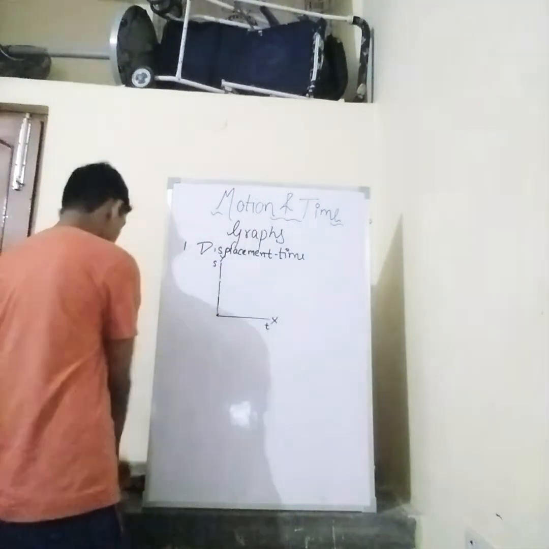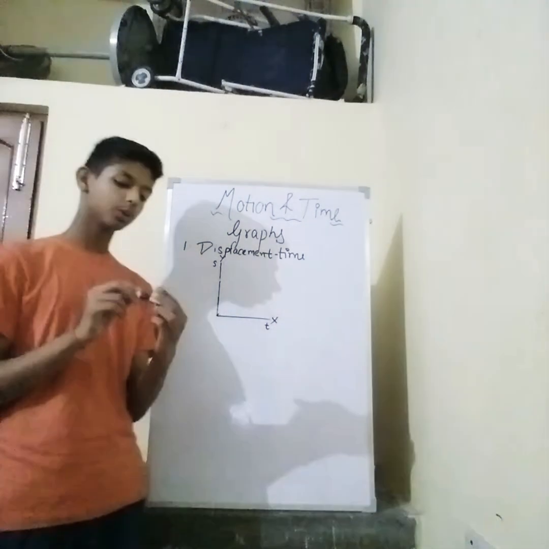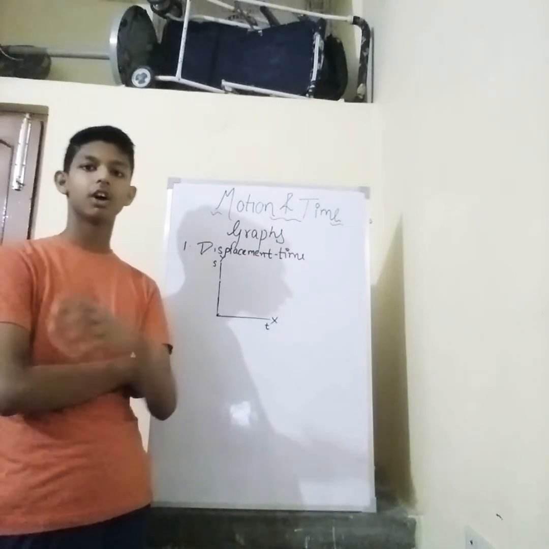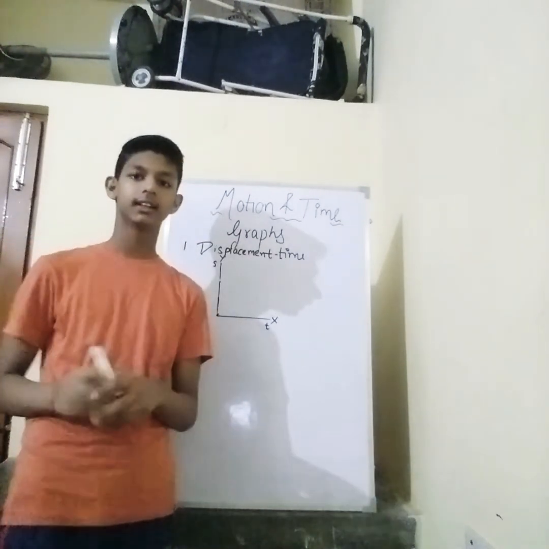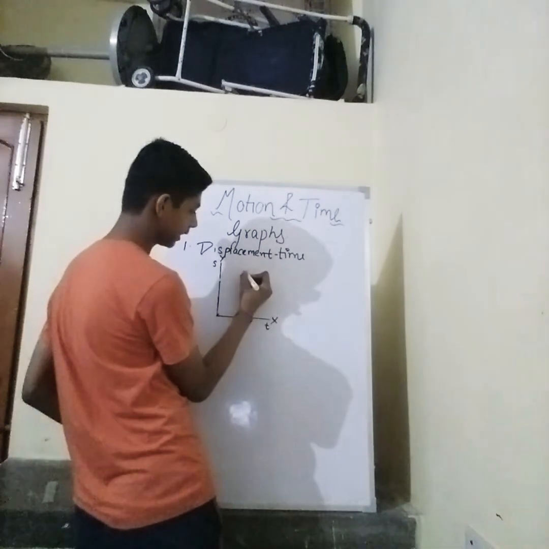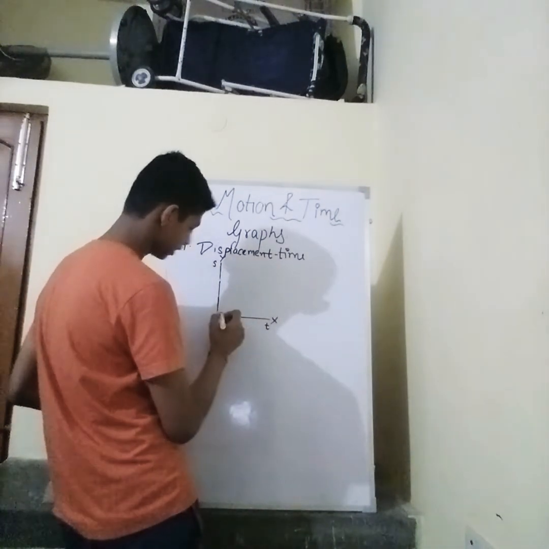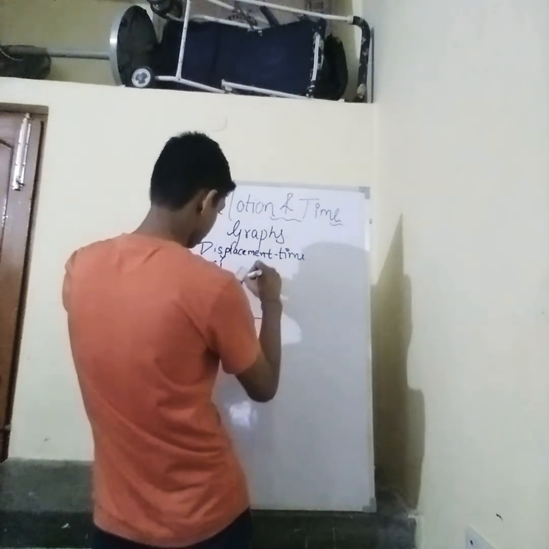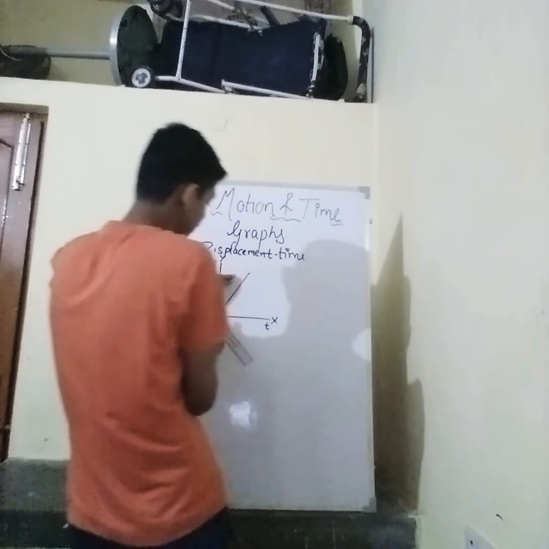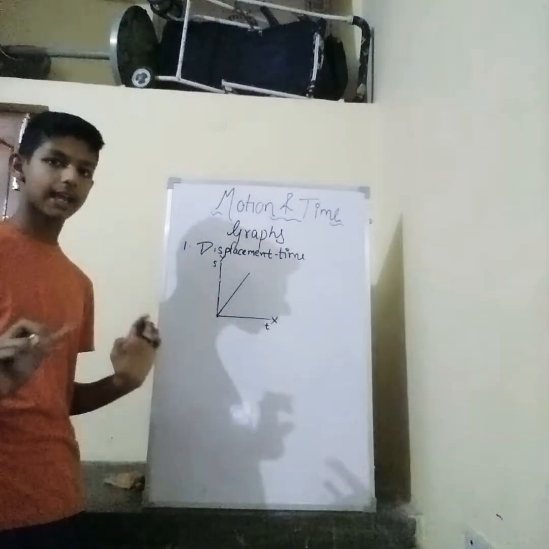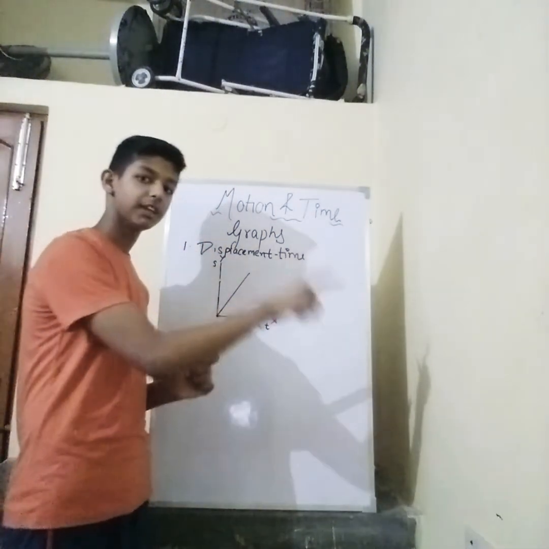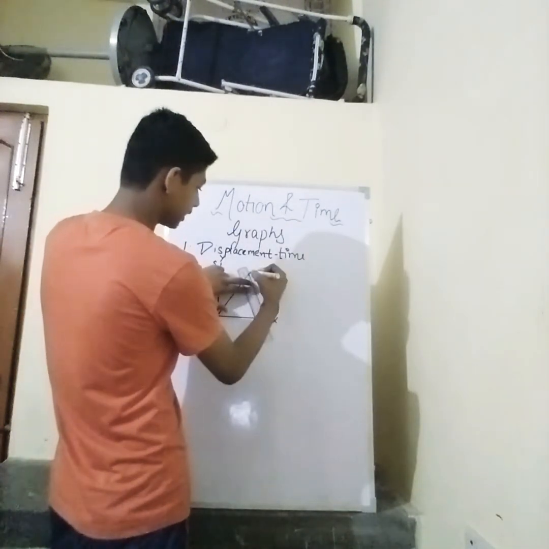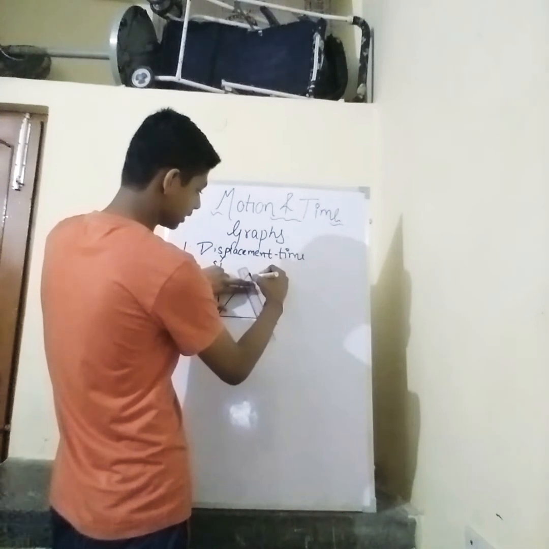Suppose you go every morning for a morning walk of 2 kilometers. You go 2 kilometers with uniform velocity, and when you come home and complete your journey, your displacement time graph will be like this.